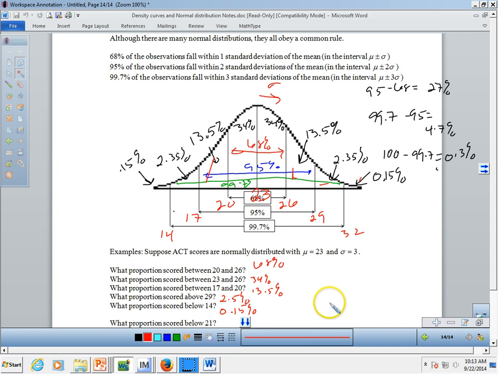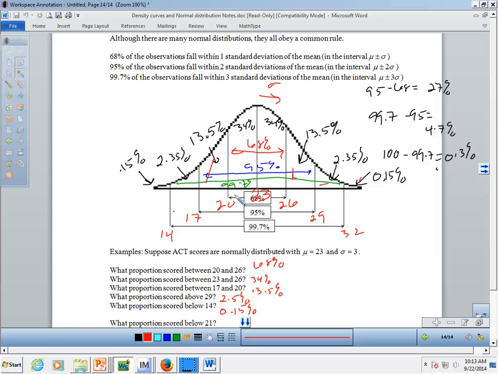Okay? The next question says, what proportion scored below 21? Well, 21 is right here, right? It's not on one of our standard deviations, and so it becomes a little more complicated to find the proportion of individuals that score below that, to find the area under that curve.